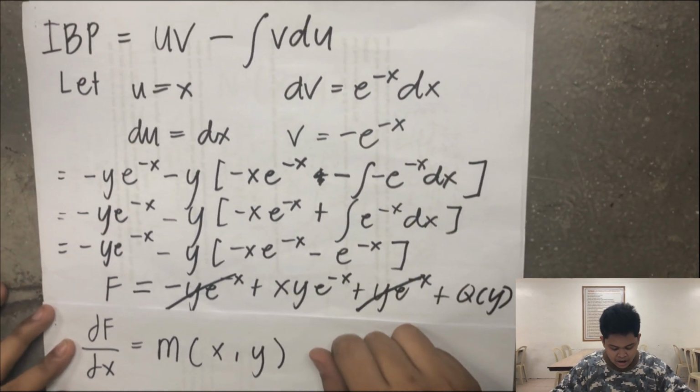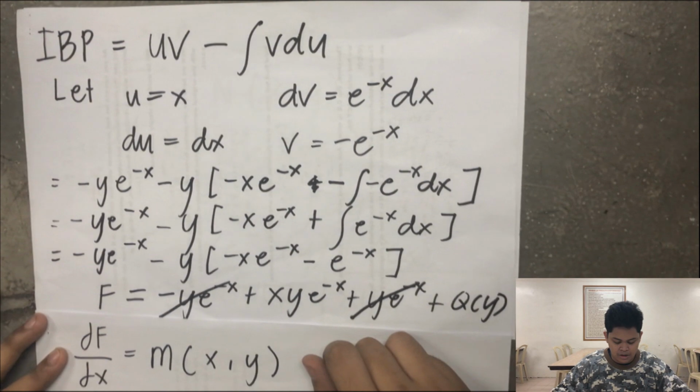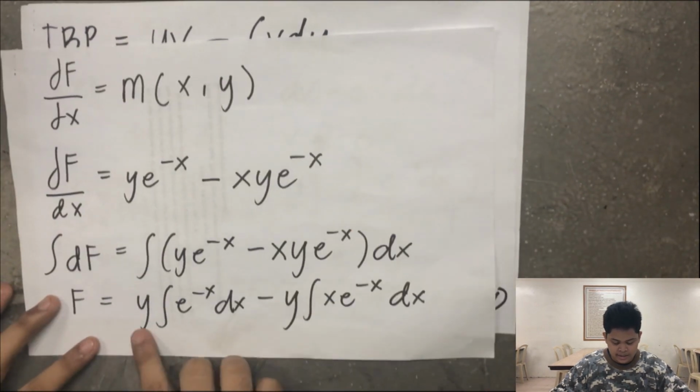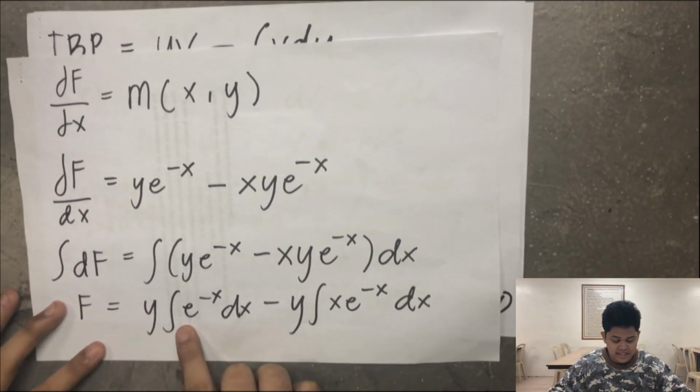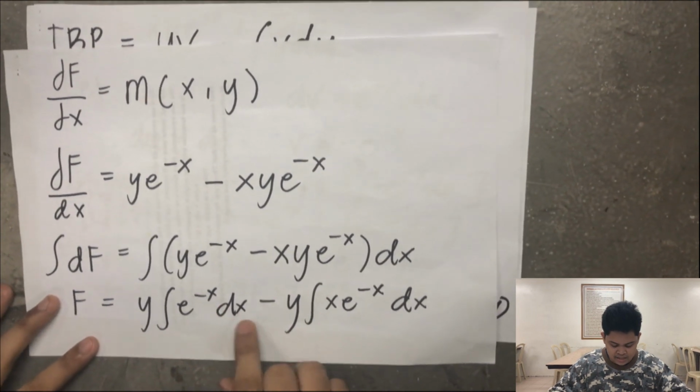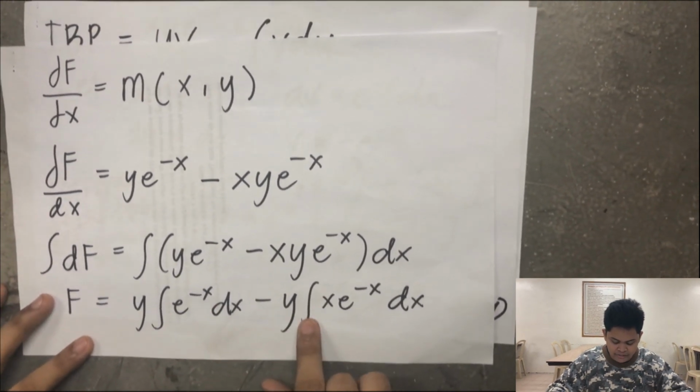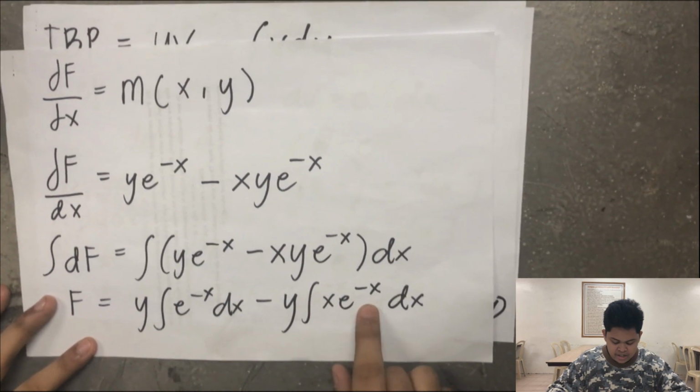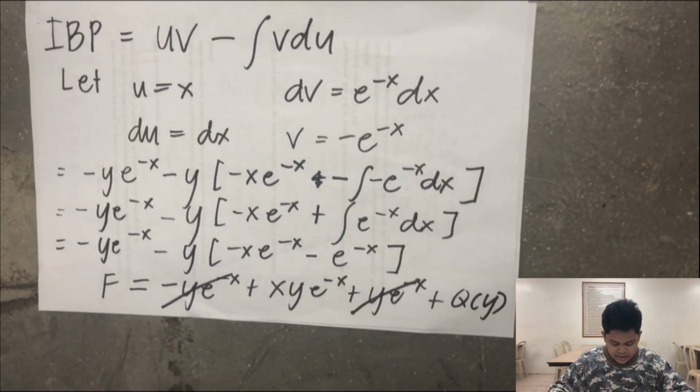So the value of f now is equal to y times the integral of e raised to negative x dx minus y times the integral of x e raised to negative x dx.